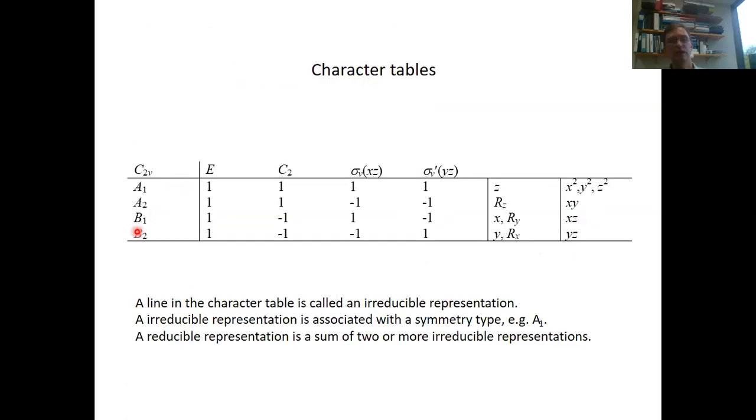For example, I could add up these two irreducible representations, B1 and B2, and then the respective reducible representation would have the characters 1 plus 1 is 2, -1 plus -1 is -2, 1 plus -1 is 0, and -1 plus 1 is also 0. Okay?